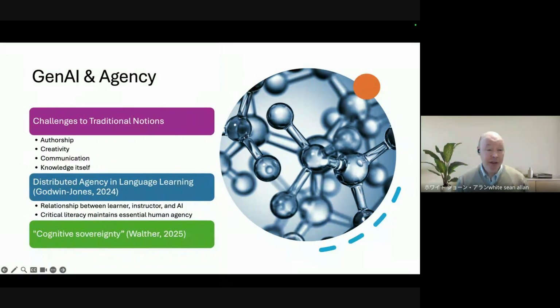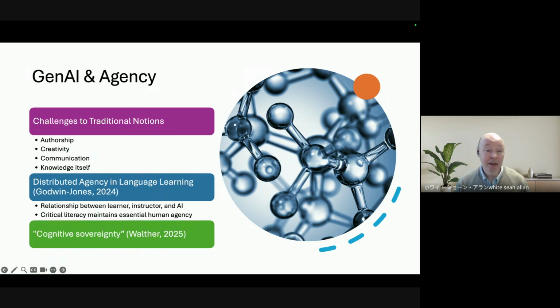In a language learning context, then we're looking at a distributed agency, a relationship between learners, instructors, and AI. And within this context, then critical literacy really becomes essential to maintain human agency.